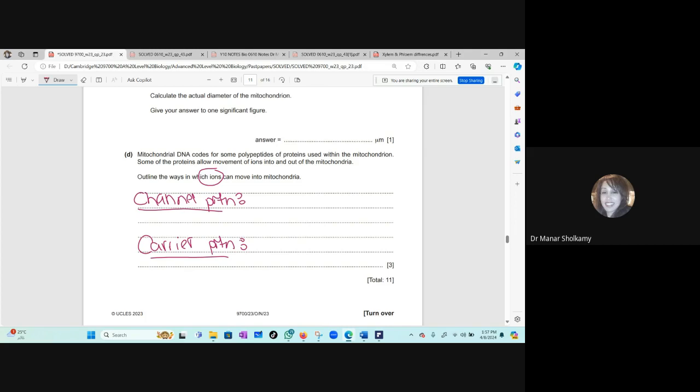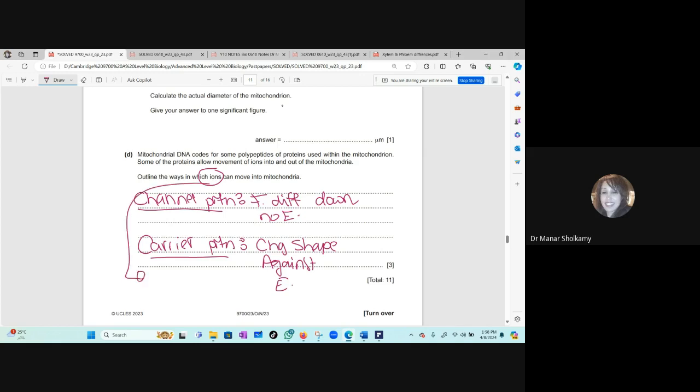You all gave me the answers, but it was messy. Channel protein for facilitated diffusion, in other words, down a concentration gradient, but no energy. What about the carrier protein? They use energy to change shape to transport ions. Yes, so it will change shape, against the concentration gradient, and I need energy.